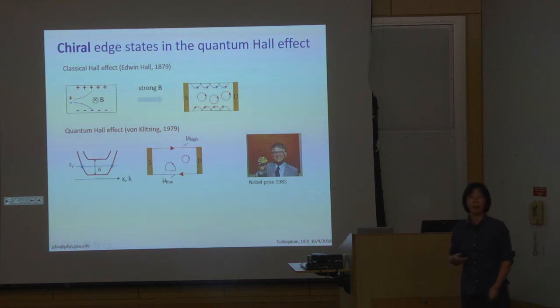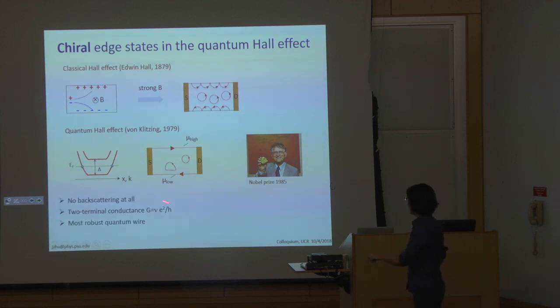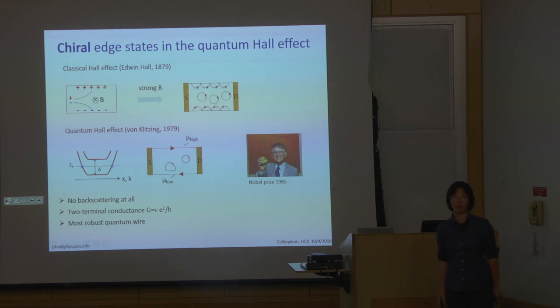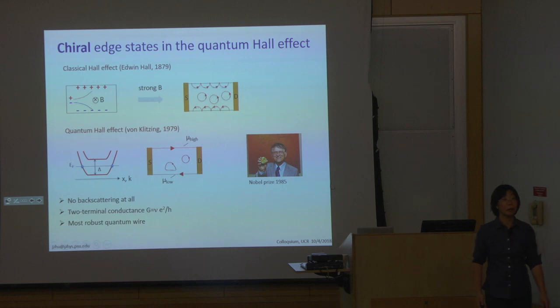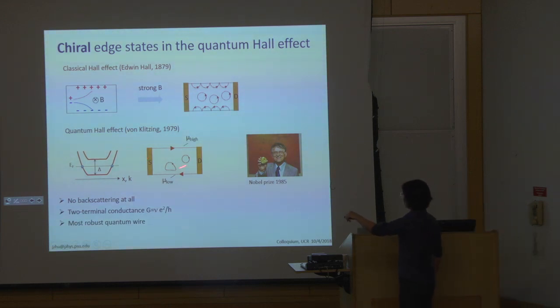And if you work out the math, that corresponds to a conductance in the unit of e squared over h, if you actually measure. So when you hear a quantum wire is ballistic, it does not mean it has 0 resistance. It means you have quantized conductance there. And here I have 1 pair of counter-propagating edge states, and the 2-terminal conductance is 1 e squared over h.